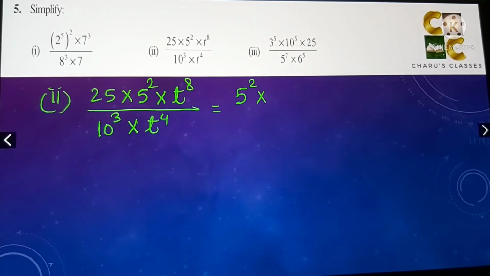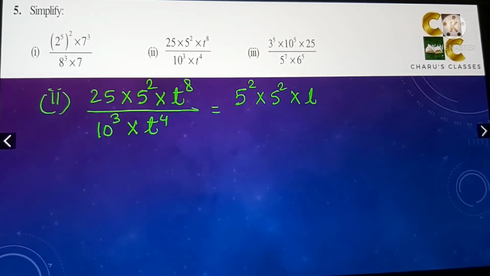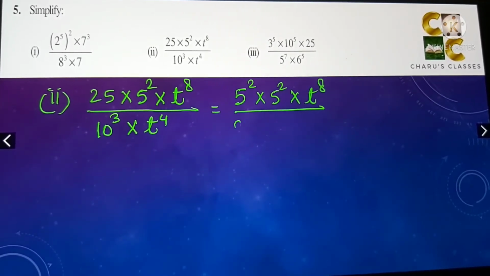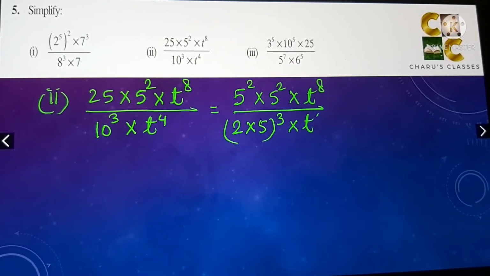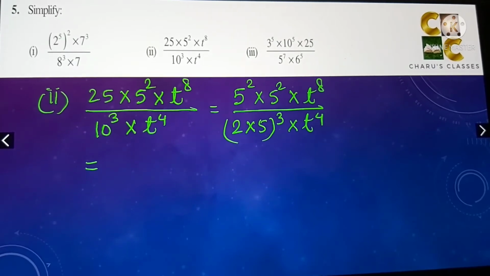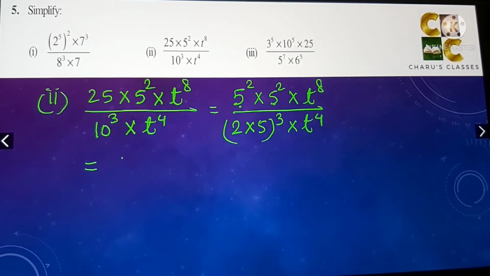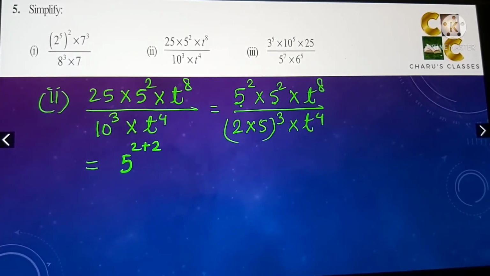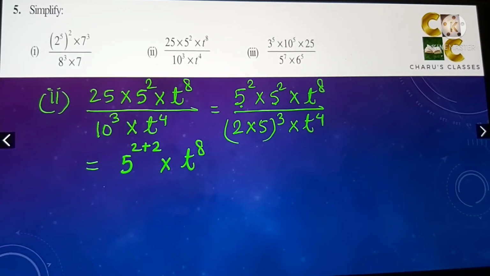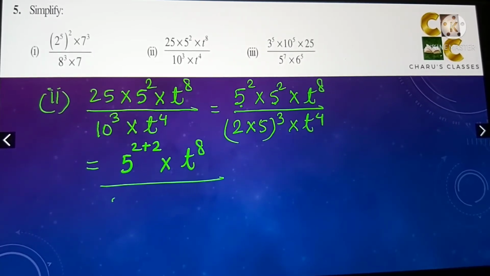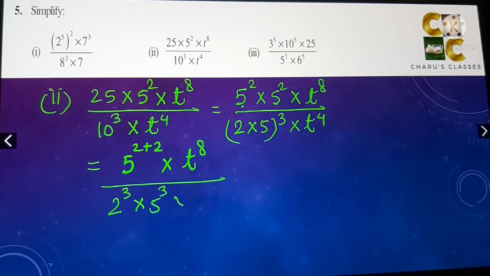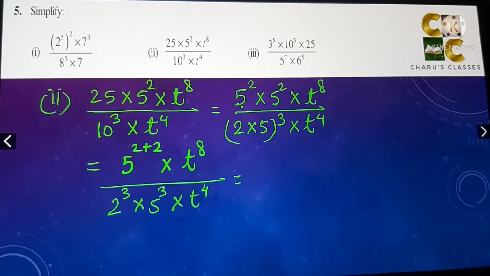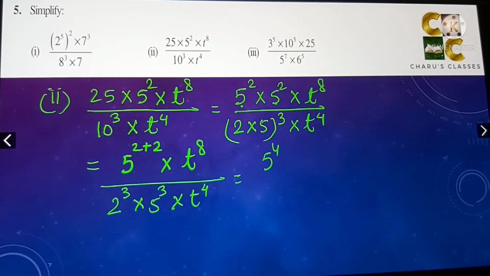So I can write 25 as 5 to the power 2 and I can write 10 as 2 into 5 whole to the power 3. 5 to the power 2 into 5 to the power 2, it will become 5 to the power 2 plus 2. Here I can separate. I can write 2 to the power 3 into 5 to the power 3 into t to the power 4.